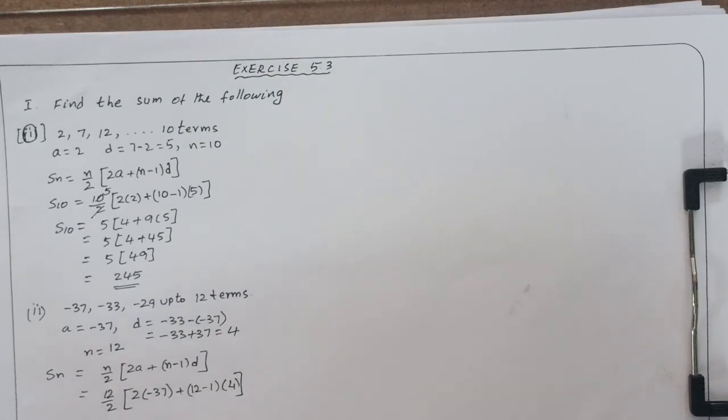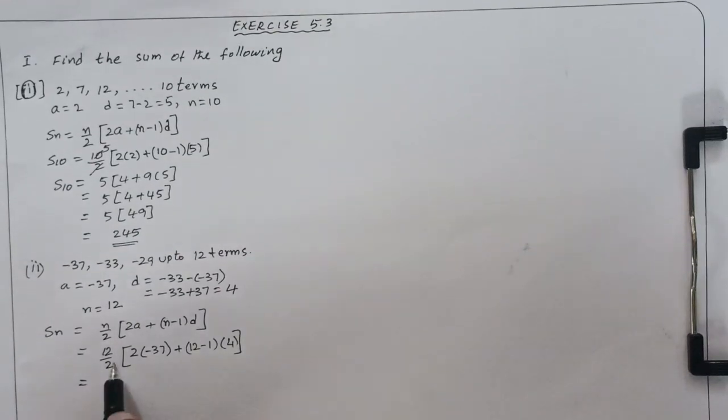Now 2 sixes, 6 into 2 into minus 37, minus 74, plus 12 minus 1, 11 into 4.